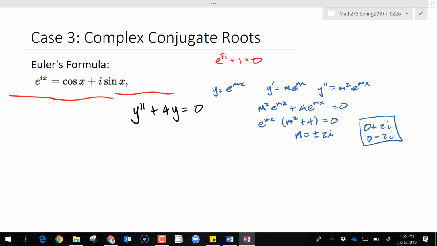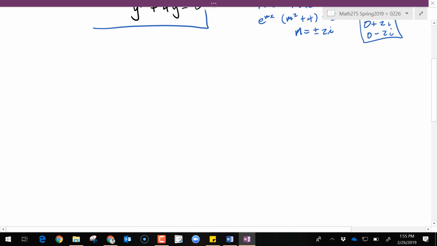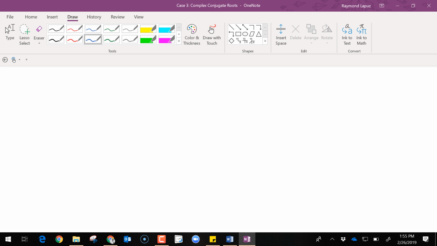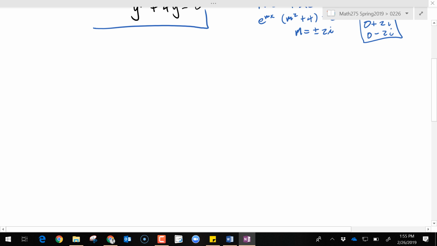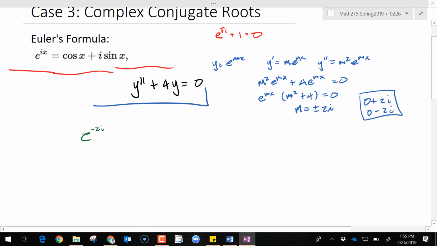Now, what we need to do is continue working with this, what it means to be e to the negative 2i, or positive 2i. I guess it doesn't matter. And according to Euler's formula, this is equal to cosine of 2, oops, m.